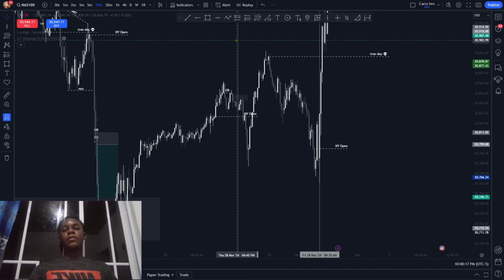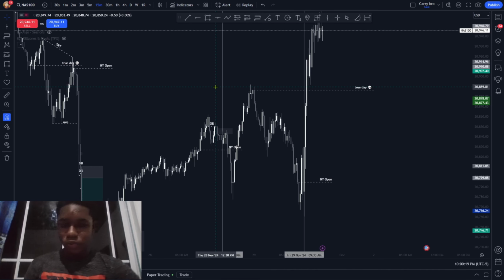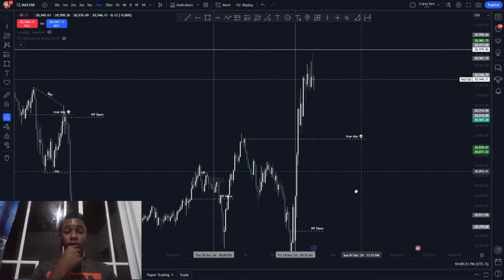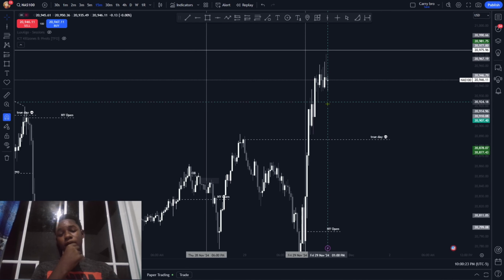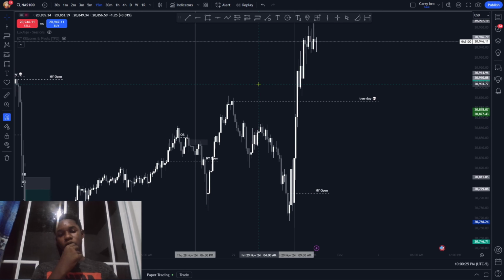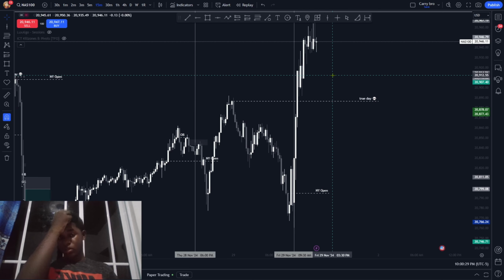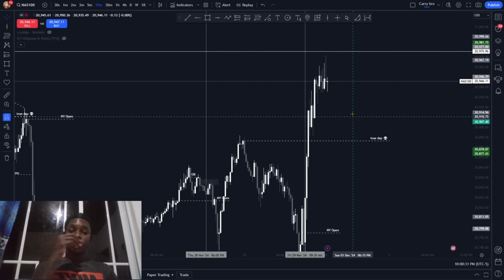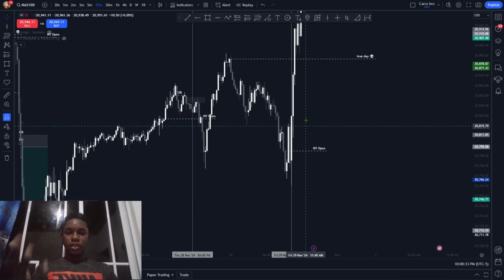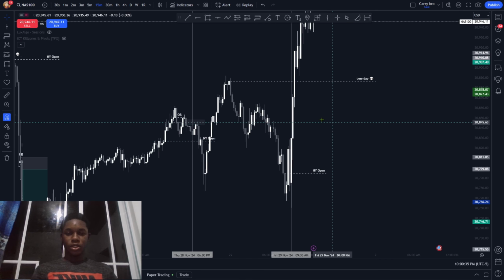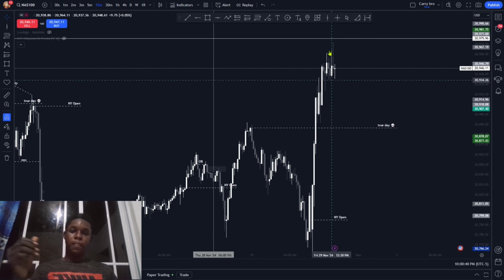Alright, so today is basically the midnight open which we use to determine the bias for the day. If we start out below today, most likely we're gonna have a bullish day. On a normal day, we would have a bullish day. So on like today, which is I would say a regular day, we had a bullish day.